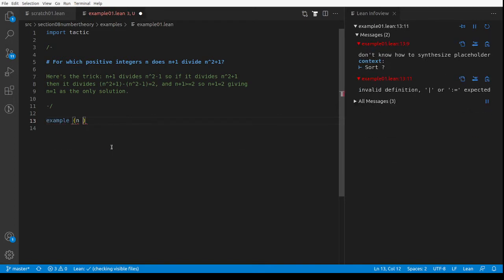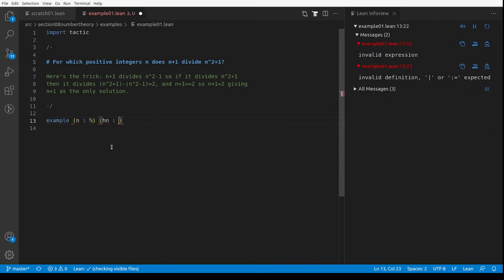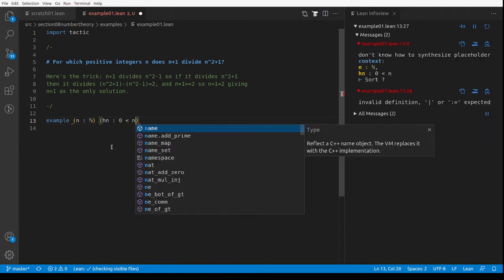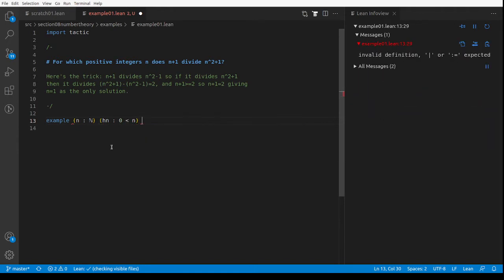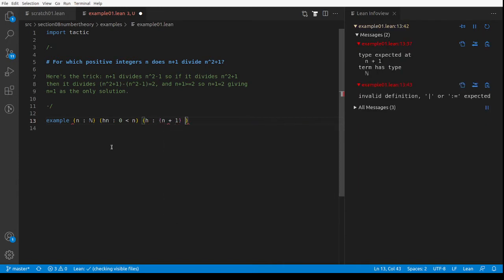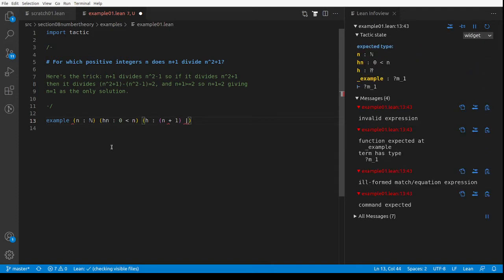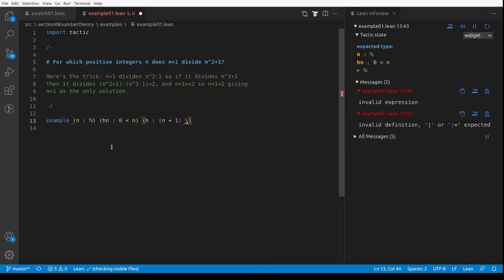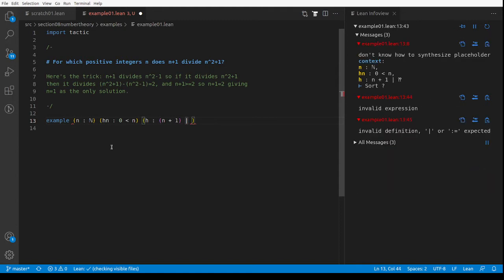So example, n is a natural number, and the hypothesis on n is that it's positive. And we've got another hypothesis, which is that n plus 1 divides. How do you do divides? You don't do it like that, because that's set theory notation. You do it like that, slash divides. I don't know if you can see, but it's slightly bigger, at least in my font, is it?